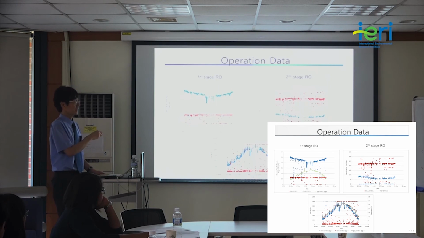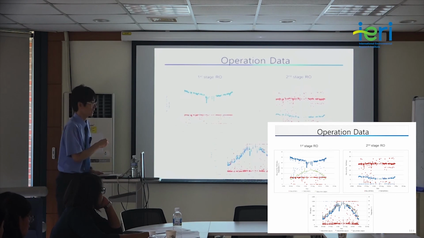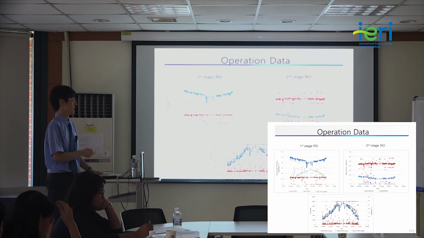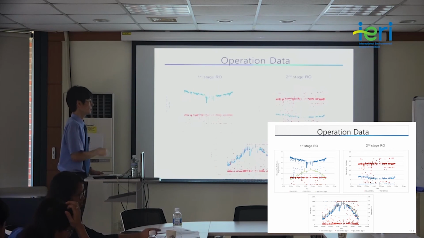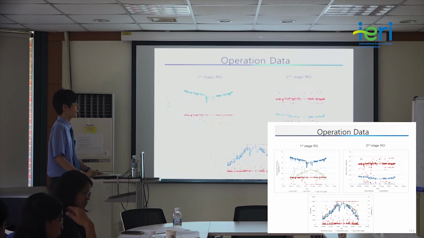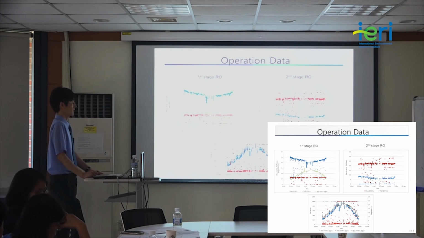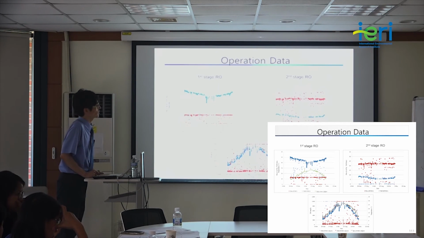So you see that 10 bar was reduced by the change in temperature of 18 Celsius degrees. So that's the general pattern that we can expect in the normal operation of this reverse osmosis desalination.